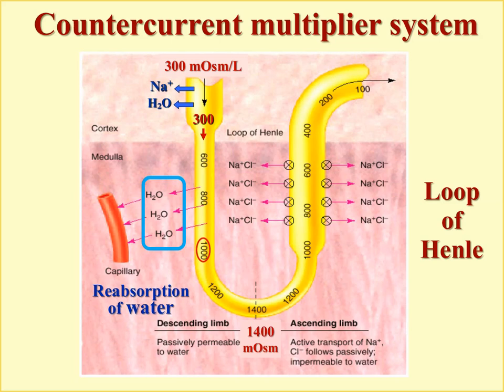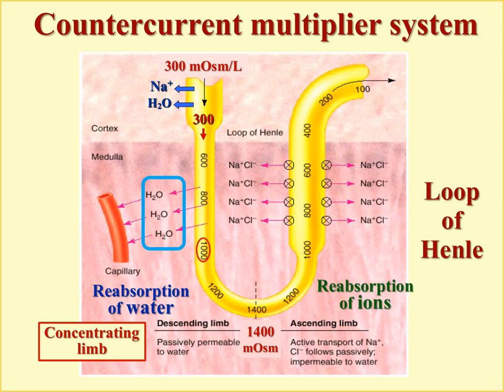So this portion of the loop of Henle produces great concentration, so it's even called the concentrating limb because of only water reabsorption. But then, let's recall, from the moment when the loop turns upward, the ascending portion is entirely impermeable for water. Instead of water reabsorption, here we have ion reabsorption.